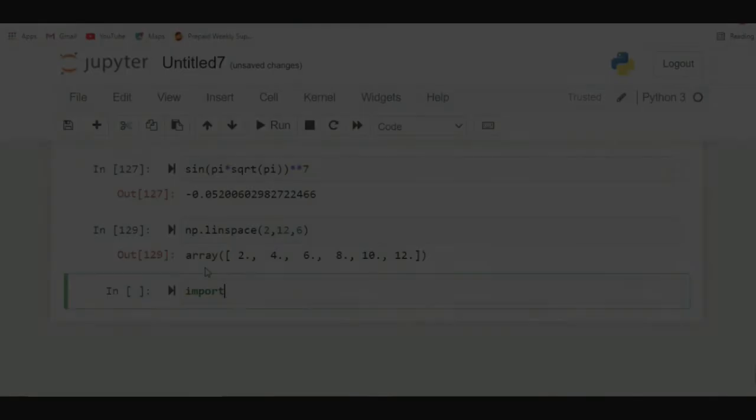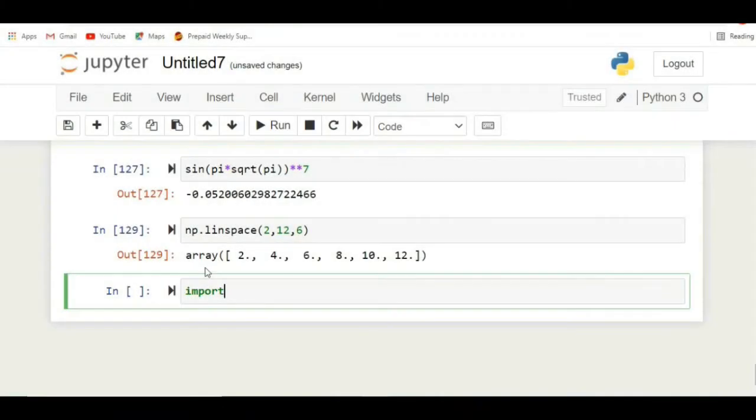Now import matplotlib here: import matplotlib.pyplot as plt.